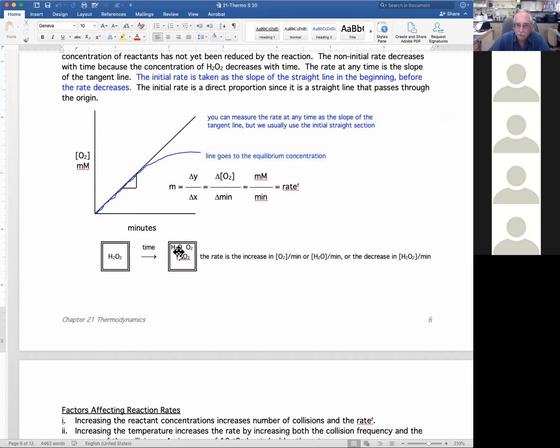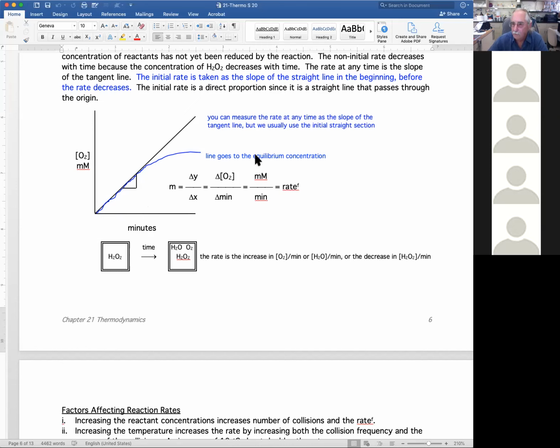So I will get through a certain period of time where there's a straight line passing through the origin. And after a certain period of time, it starts to taper off. And you see why it's getting level like that? Because it's going to equilibrium. Eventually it will go to equilibrium.